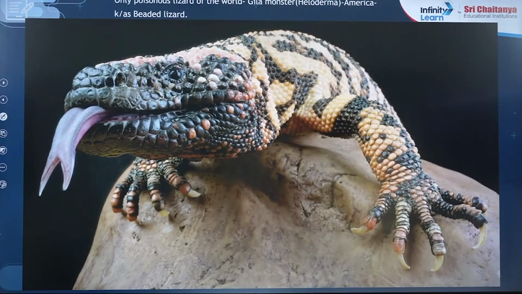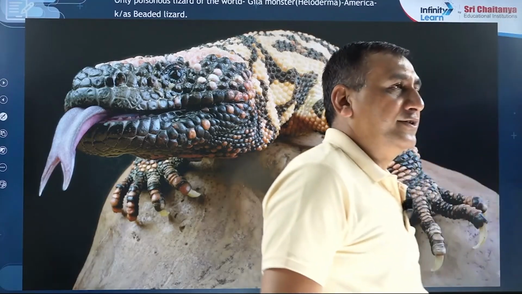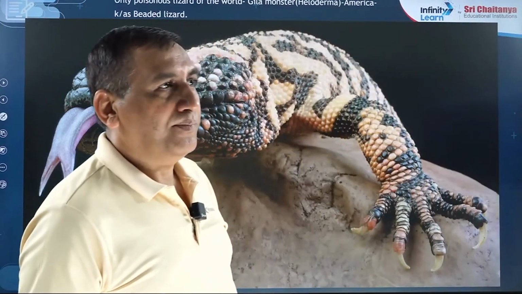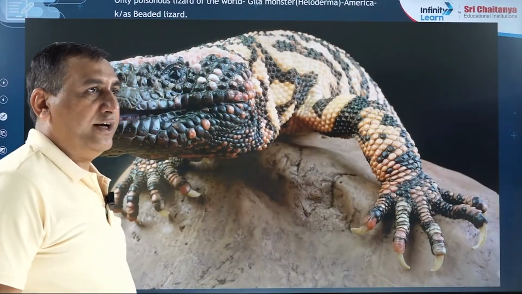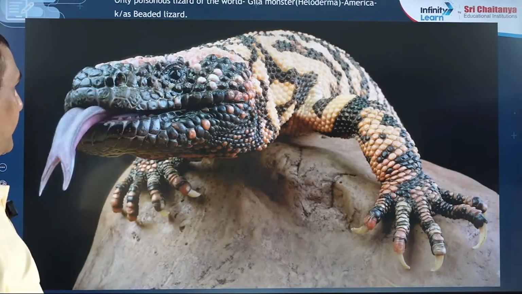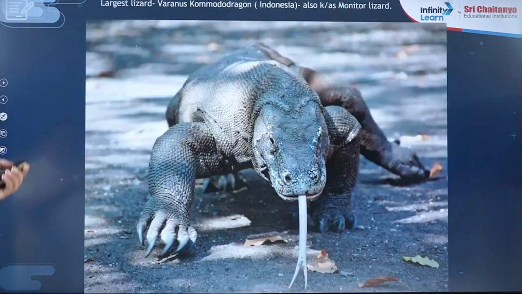Yes, Venkata Siva, anaconda is non-poisonous, like python. Very good. This is the largest lizard, known as Varanus, the Komodo dragon. It is found in Indonesia.